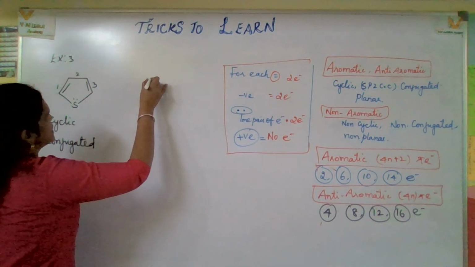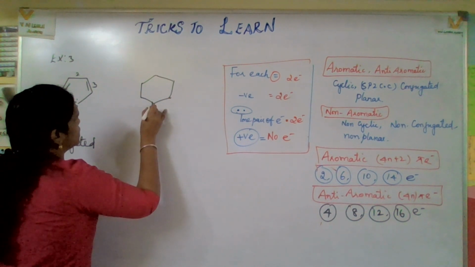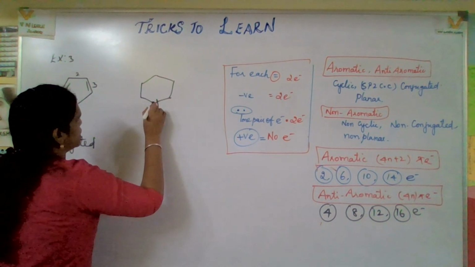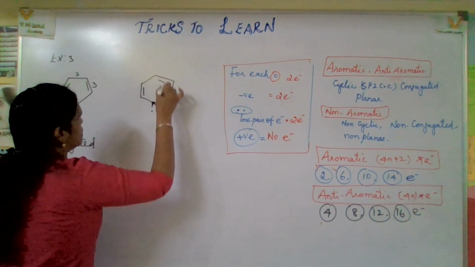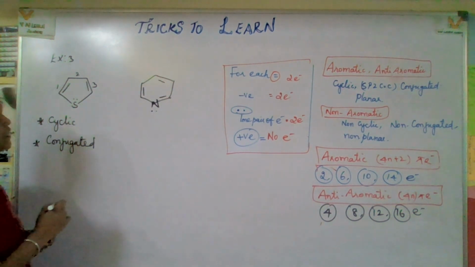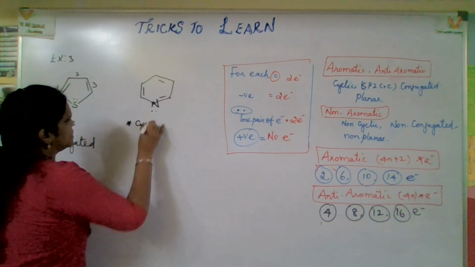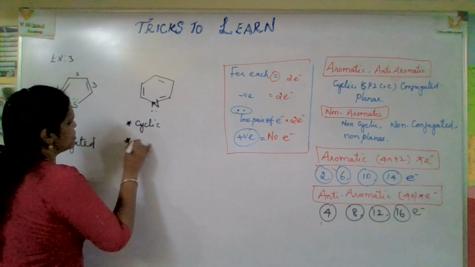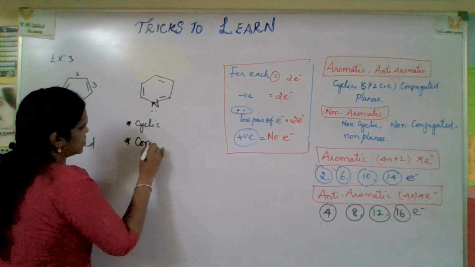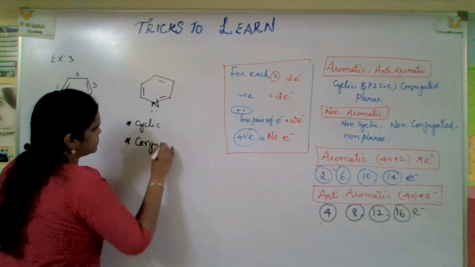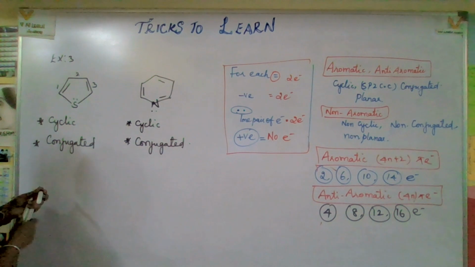One more example, this one. N, a nitrogen compound here. Now here is the outside electron pair. Now this is also cyclic, and this is also conjugated, right? Single bond, double bond, single bond, resonance structure. Conjugated. Now let us check how many electrons are available.